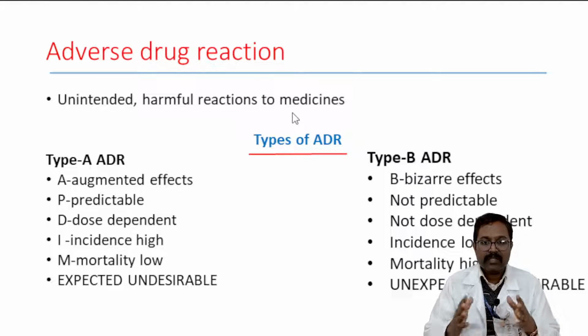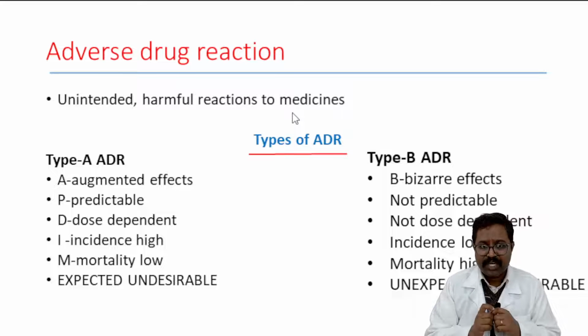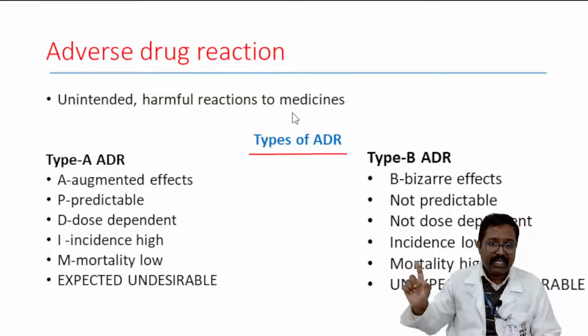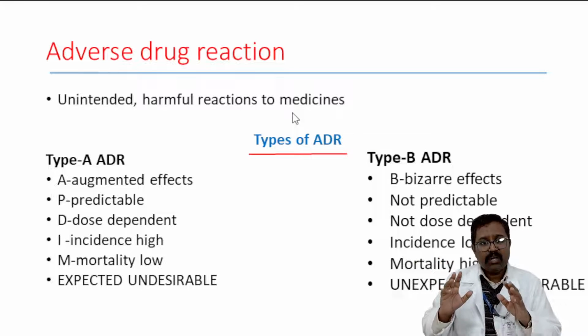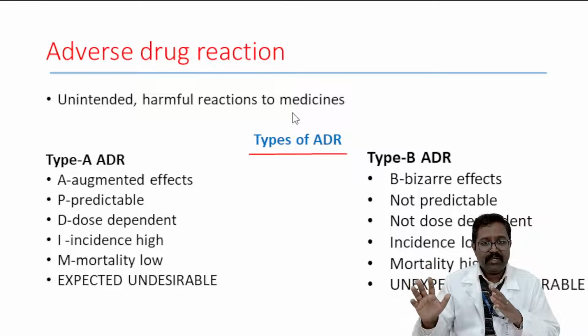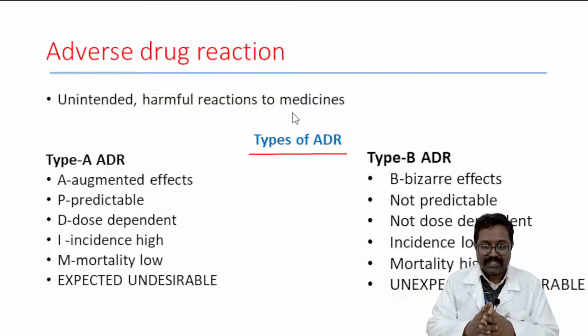Type A, which is augmented effects, these adverse drug reactions are very predictable in nature and very dose dependent. The incidence of type A adverse drug reactions is very high. These are the reactions more commonly seen in your practice.